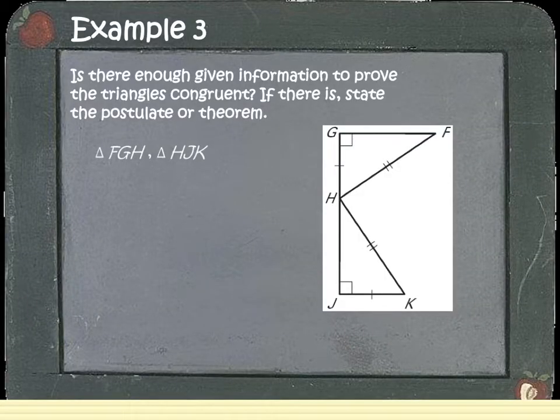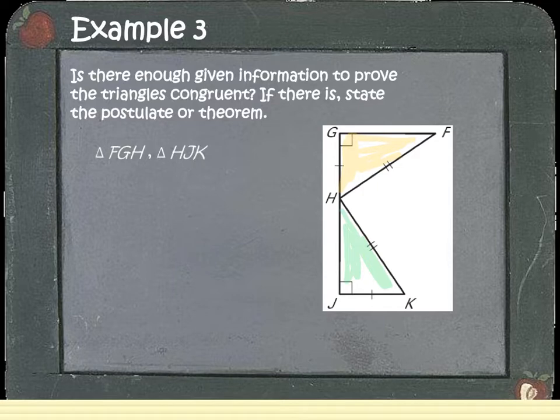All right, next one. It says, is there enough information to prove the triangles are congruent? If so, state the postulate or theorem. So they want to know if FGH, so this one here, is congruent to HJK. So notice I have a right triangle on both.